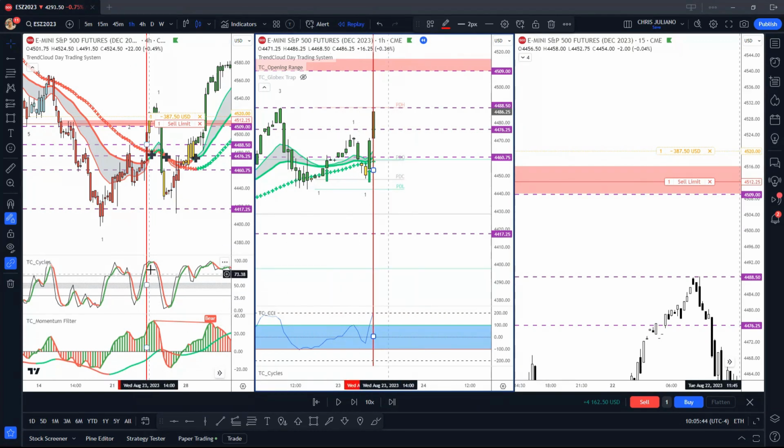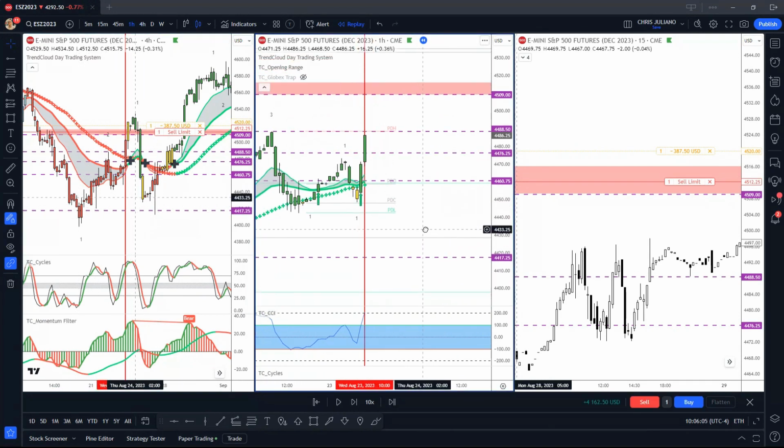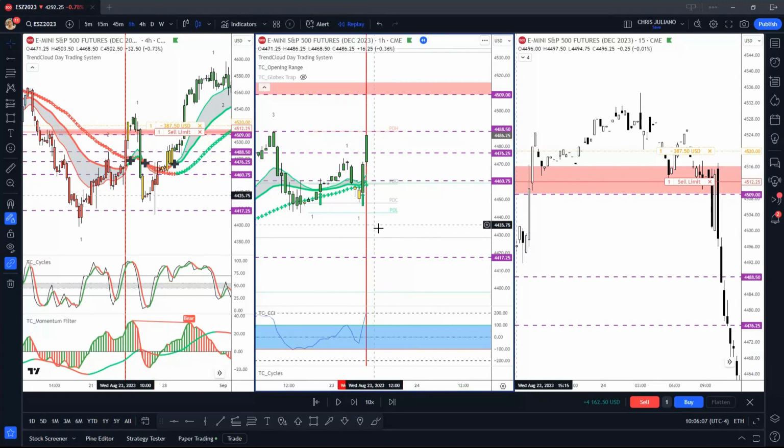We are cycling up with upward momentum, and we are starting to break through the trend cloud. This is starting to look like trend reversal. And you can see into the future here that it does make a massive pullback and retests this lower area. But let's see if we can get in on this trade right here, because we're cycling up. Momentum is up. That gives us a green light to go long.